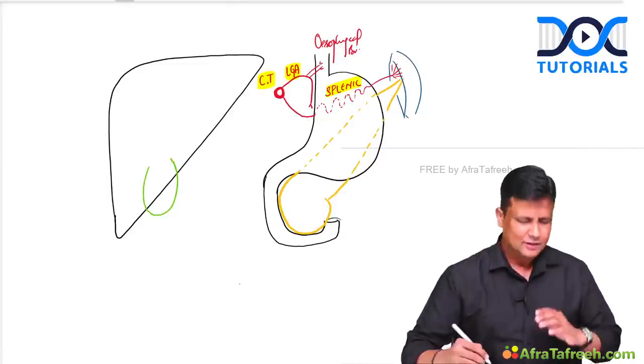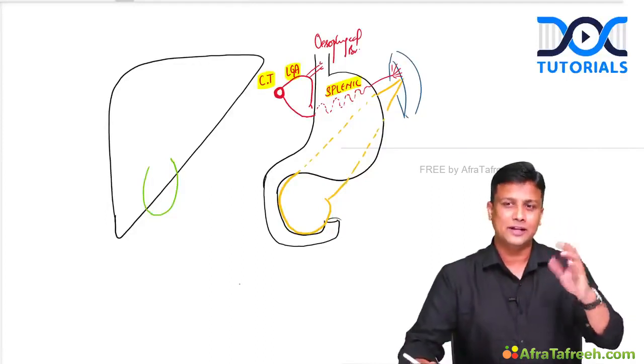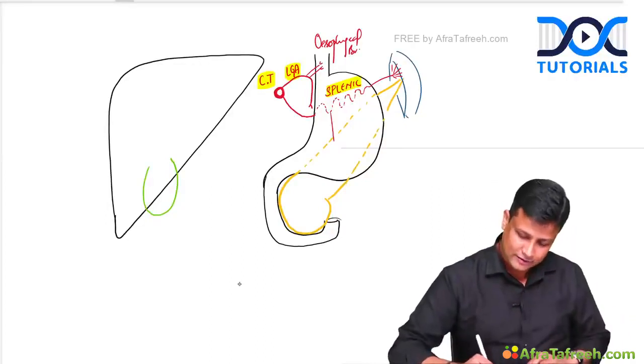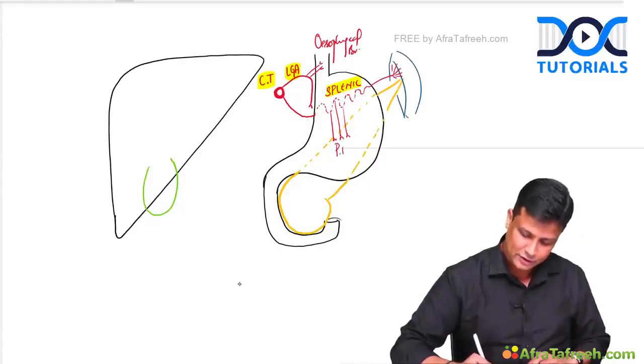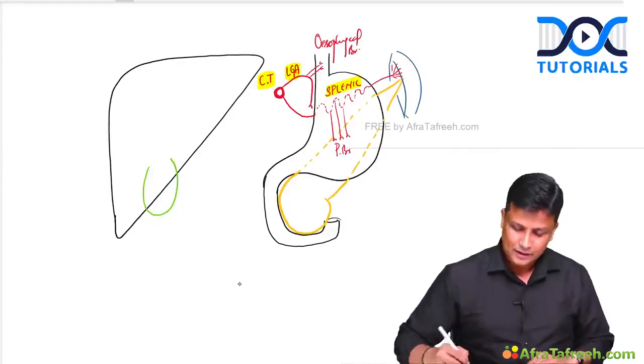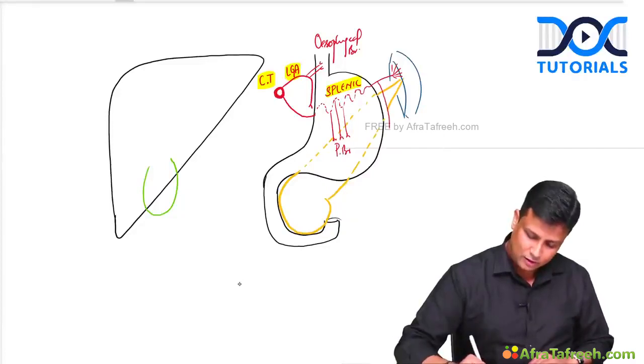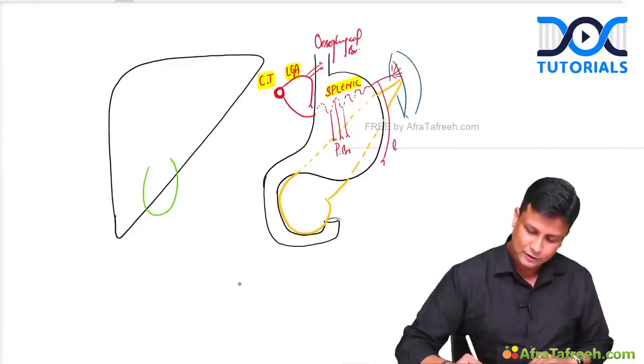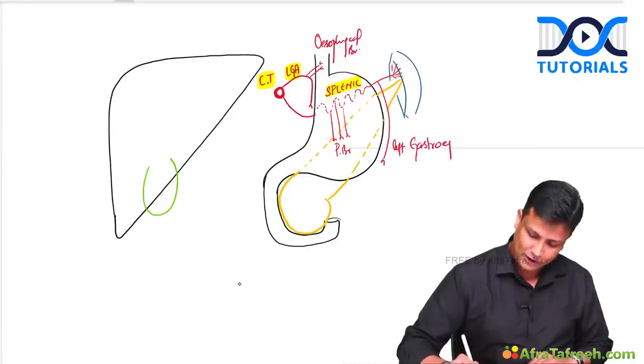Now on the way, look here, sir, how beautifully we can remember the names of the branches. On the way, it will be giving branches to the pancreas, pancreatic branches. Then it will also give a branch along the greater curvature, and that one will be the left gastroepiploic artery.